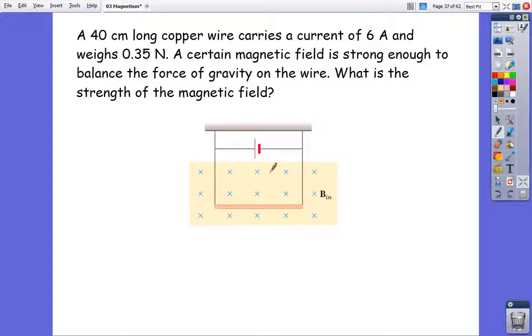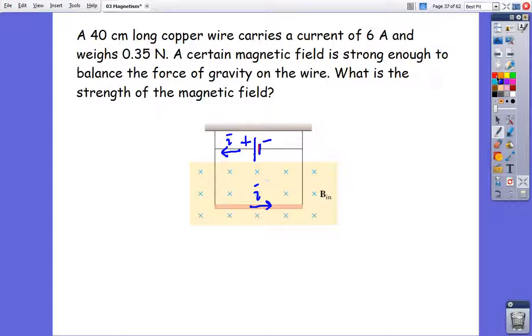So look at the picture first. Here is the battery. You know that the longer line is the positive pole and the shorter one is the negative pole, and the current flows from positive to negative. So the current goes in this copper wire to the right.